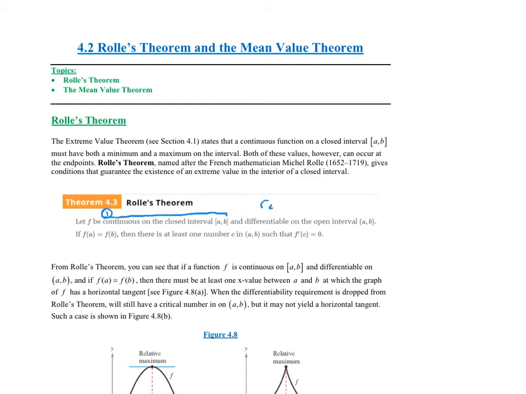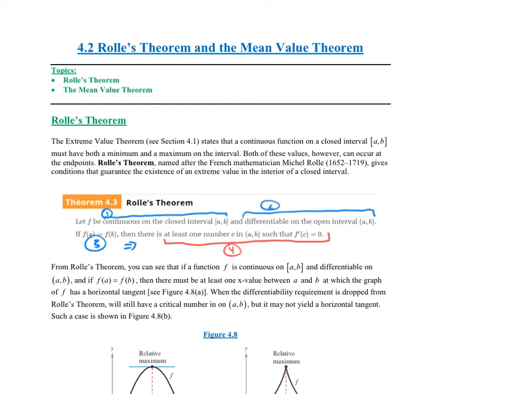The second condition is you have to state that it's differentiable on the open interval. And the third condition you have to meet is your endpoints must be the same. f(a) must equal f(b). Your endpoints must be the same. Then and only then you can make the conclusion. And the conclusion says you have to have a point where your derivative is equal to 0.